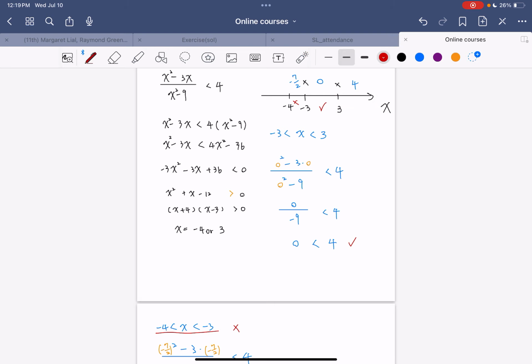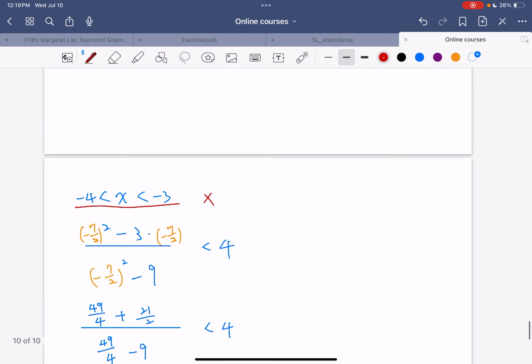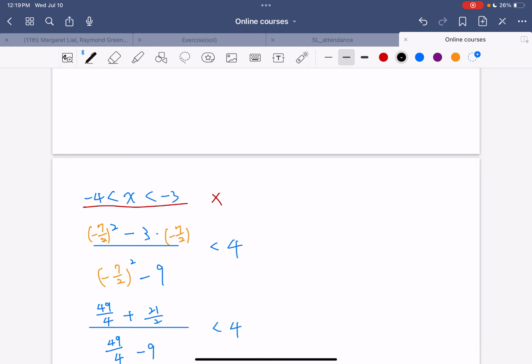So we just do it on the right-hand side. This would be x greater than 3, and we're going to use 4, right? So 4 square minus 3 times 4, and 4 square minus 9.